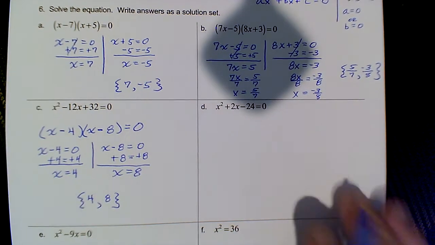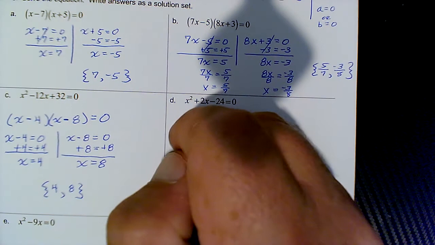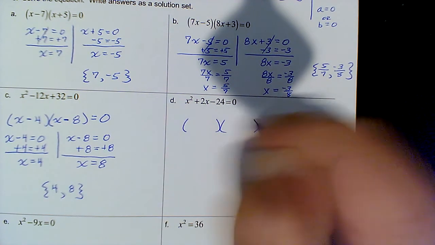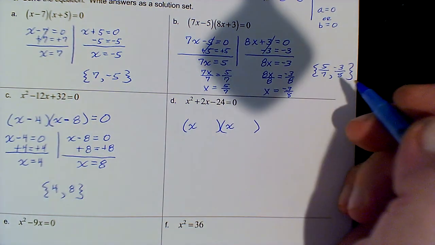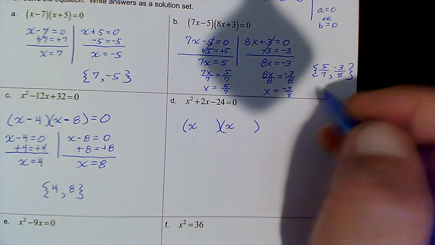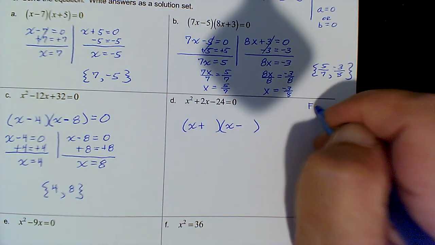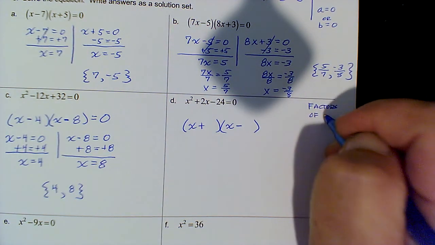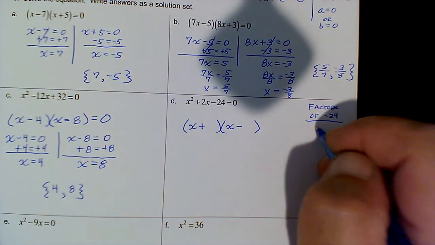Okay, another example where again it's in standard form. It's a quadratic trinomial, factorable as the product of two binomials. The leading term is x squared, so put an x and an x. I know one sign's positive and one's negative. And if you want to go so far as to show the factors of negative 24, I could have done that here, but I did that one mentally.